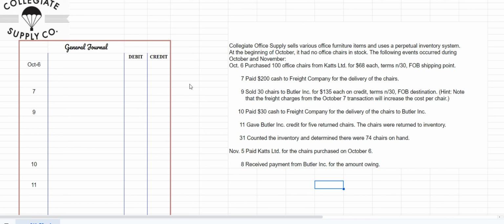So what is happening in this transaction? Well, you're purchasing 100 office chairs, and when you're buying anything that you want to resell, it's going to be debited into merchandise inventory.